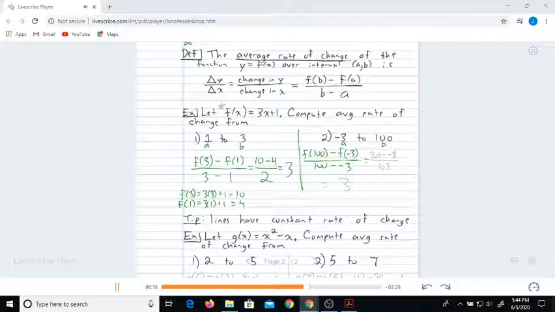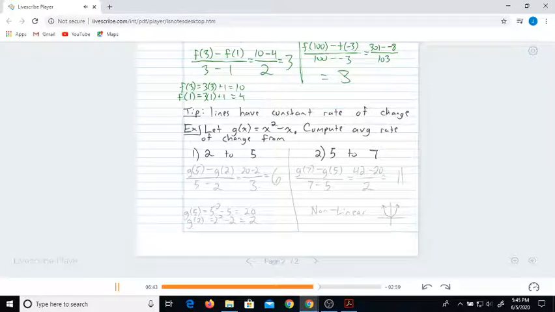So when we evaluate f at 100, we get 301 minus f at negative 3 gives us a negative 8. And then we have 100 minus negative 3, which is 103. Type that into your calculator. And, surprise, surprise, you get 3 again.